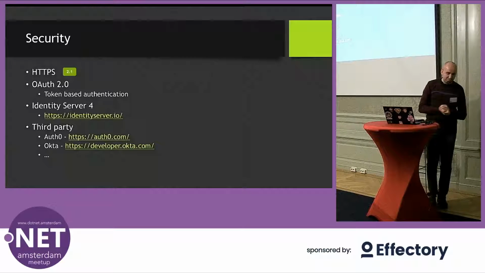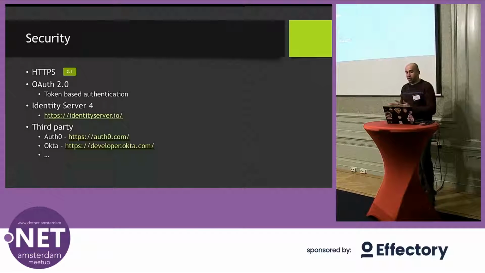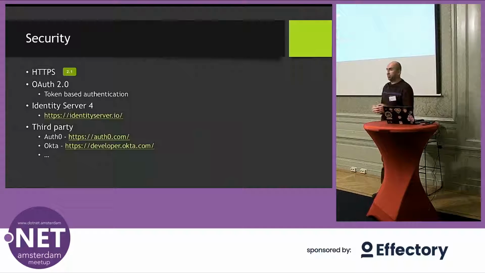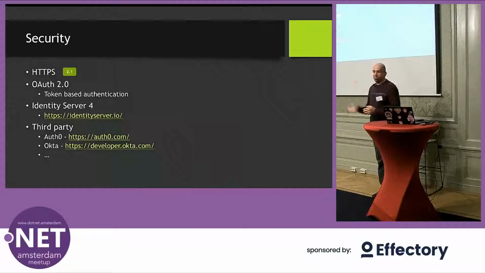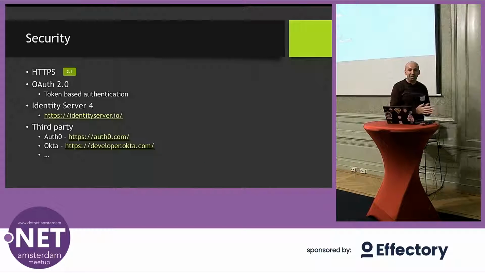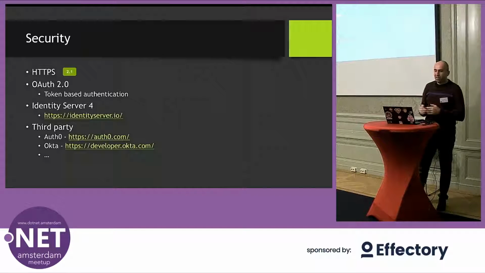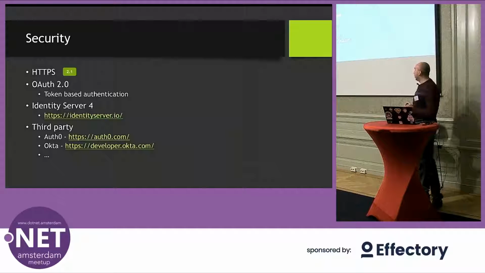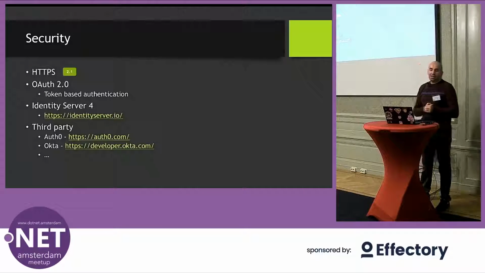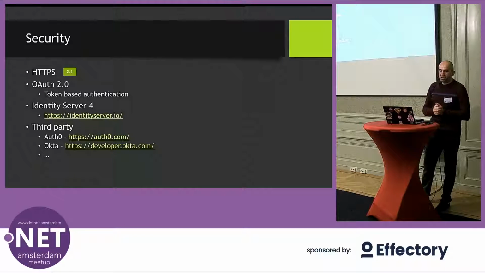For API authorization, we are mostly using, or almost always using, OAuth 2.0, which is a standard for authorization. And for this demo application we'll be using token-based authentication with JWT, or JSON Web Tokens.